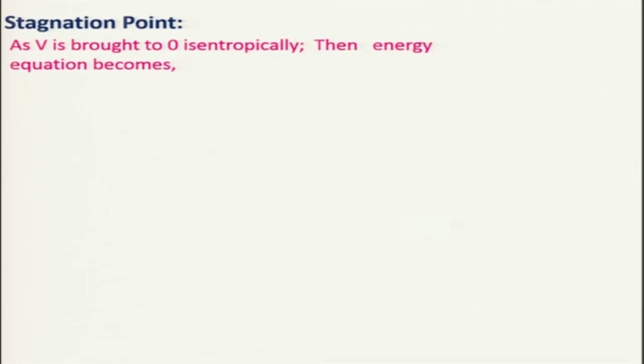Then the energy equation gives total enthalpy, as I told. For a one dimensional flow, the total enthalpy remains constant, particularly for adiabatic flow and when there is no work done. So again we can write down Tt is equal to T plus V square by 2 Cp.